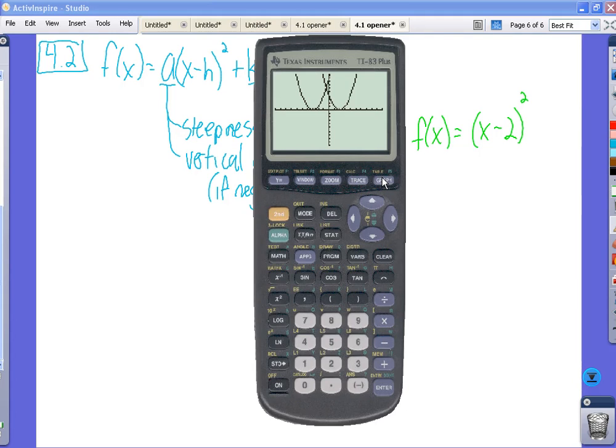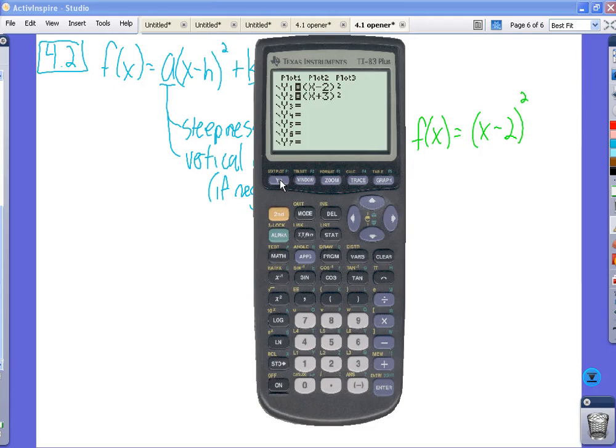They don't intersect with the axis. They intersect right there. What can I do to one of these to make sure that they cross the axis? It's +2 or -3.